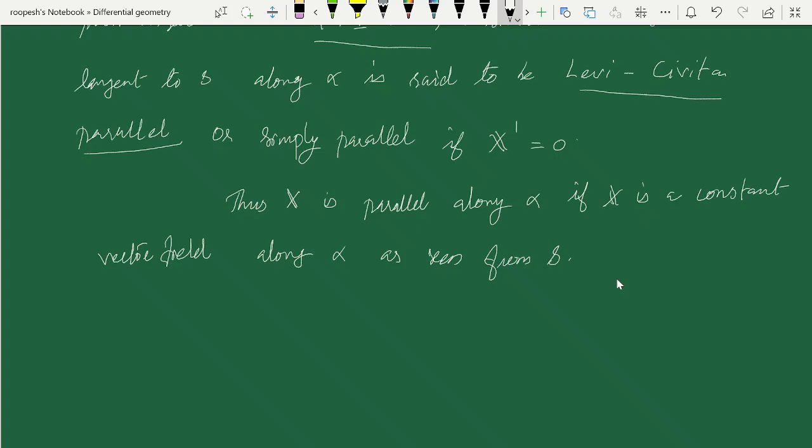Then we can say that it is Levi-Civita parallel.